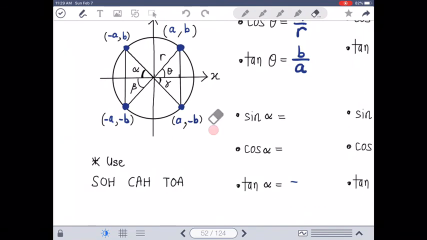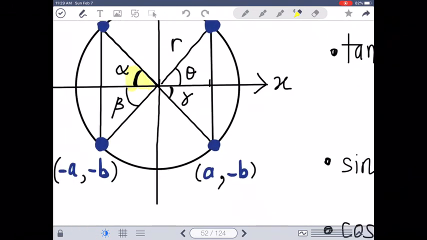Let's have a look at alpha. So which one is alpha? This one. This angle here.